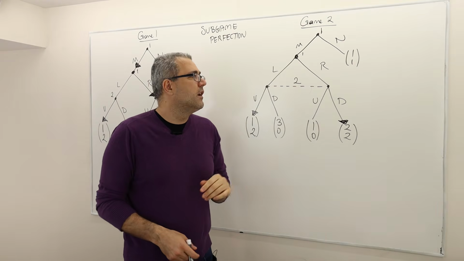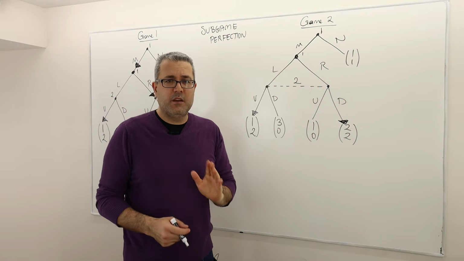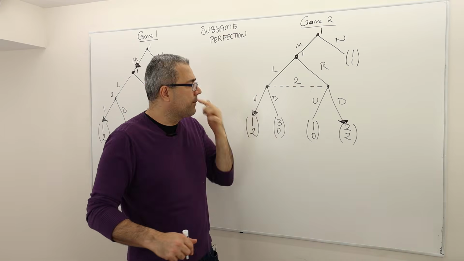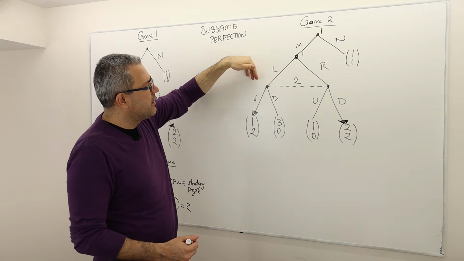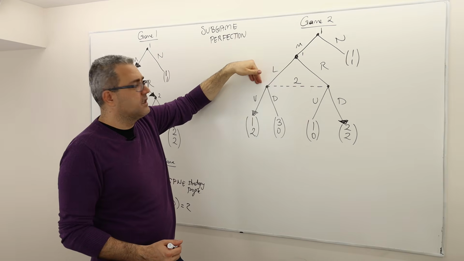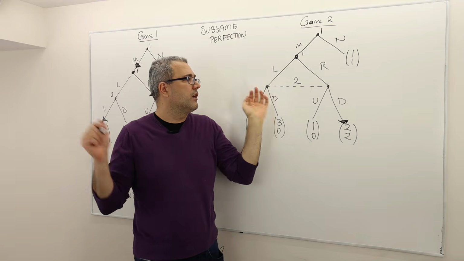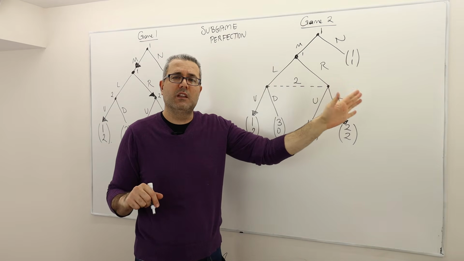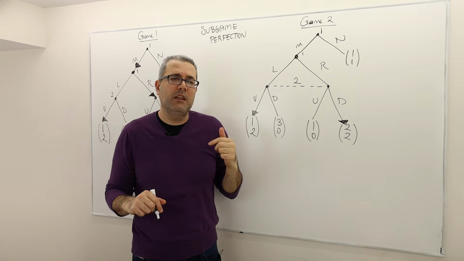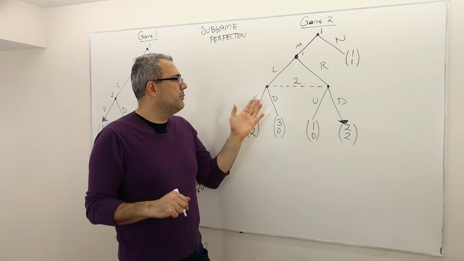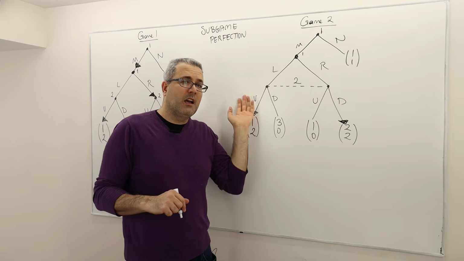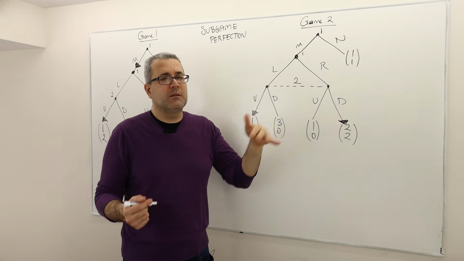No, you can't. That's very important. Why can't you do this? Well, remember, player 2 cannot distinguish whether he or she is in this decision node on the left or on the right. What does that mean? That means she cannot have a strategy where she plays U sometimes and plays D sometimes.